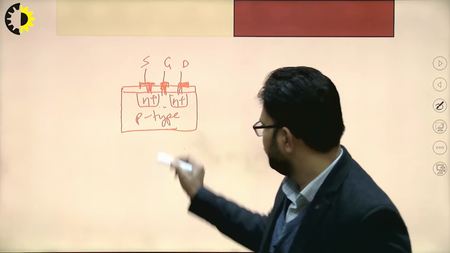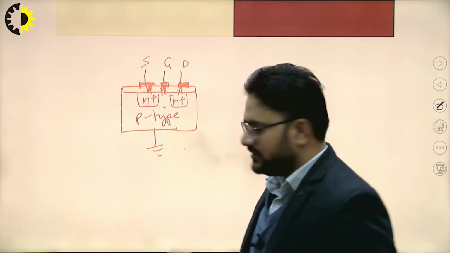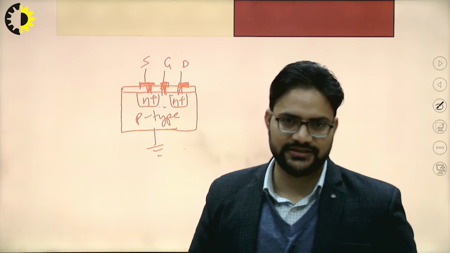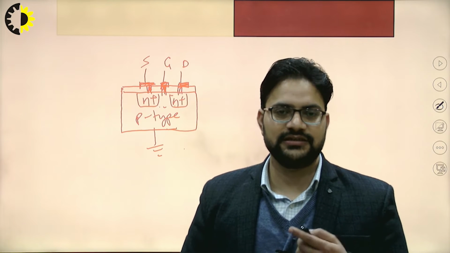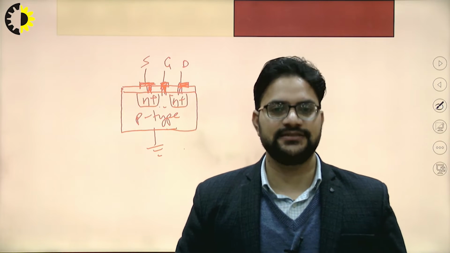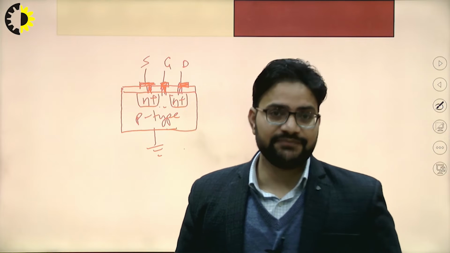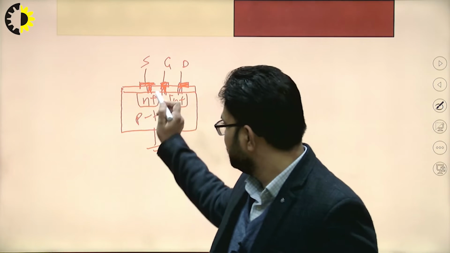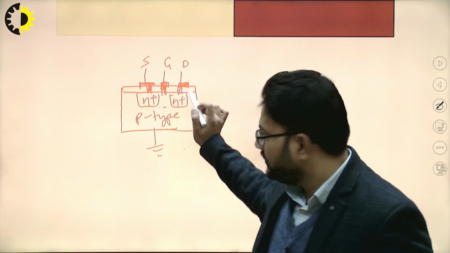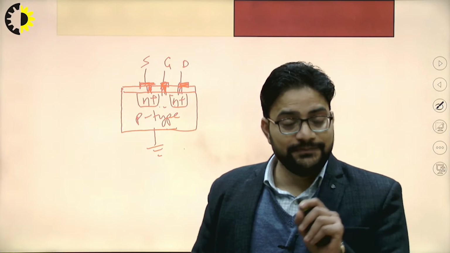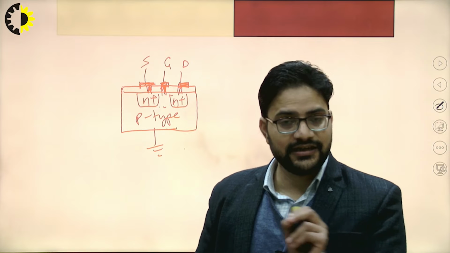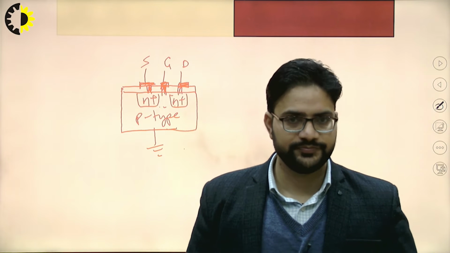Now, if you see this carefully, we have discussed in the previous video lecture that MOSFET can be classified into two different categories, that is, depletion type MOSFET and enhancement type MOSFET. Depletion type MOSFET consists of these aluminum plates, and it can work in both the enhancement mode and depletion mode.